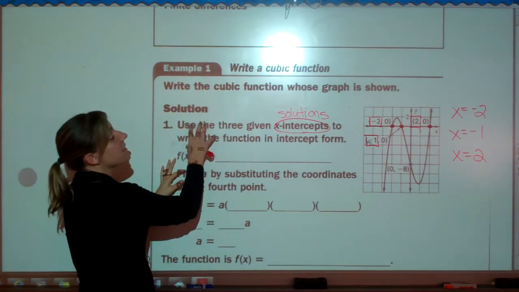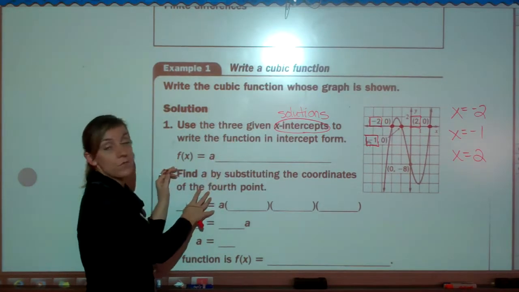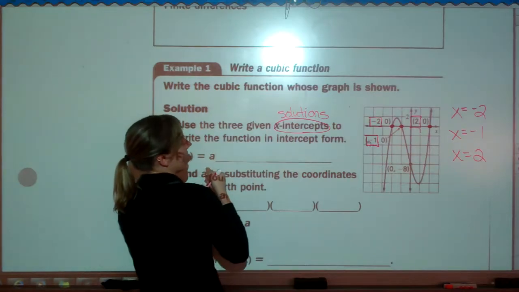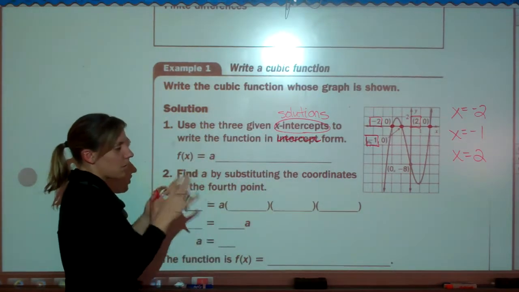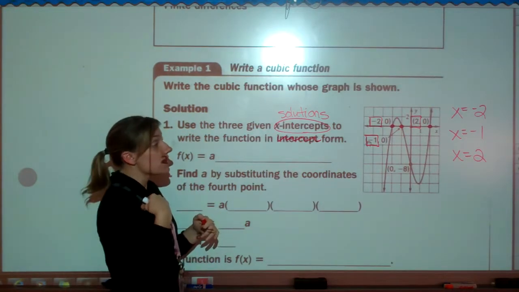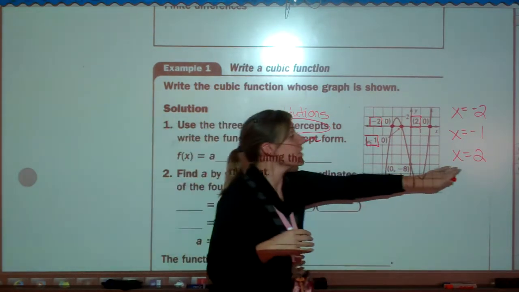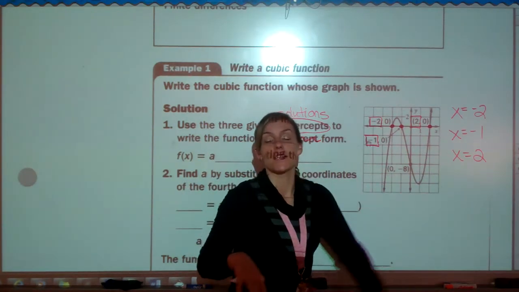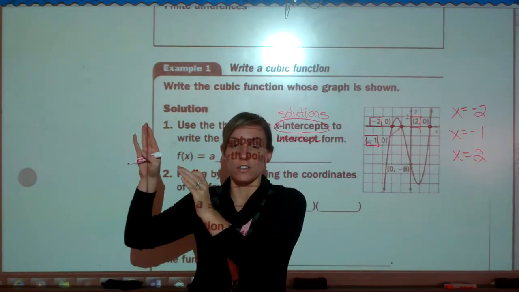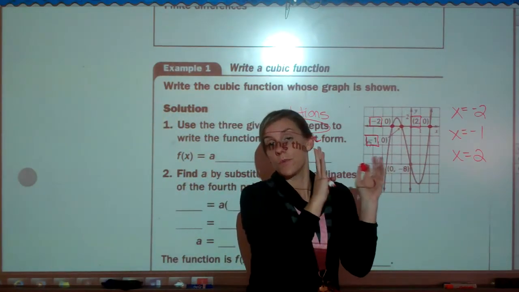So then to get the function form, now we're not going to worry about intercept form or anything like that. We're not going to take it into all this extra stuff. We're just going to say, okay, if these are the solutions, the factors are the opposite. Because when we solved factors, we did the opposite when we were solving it.